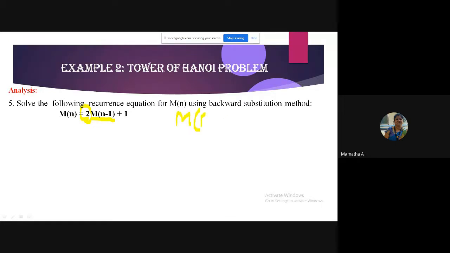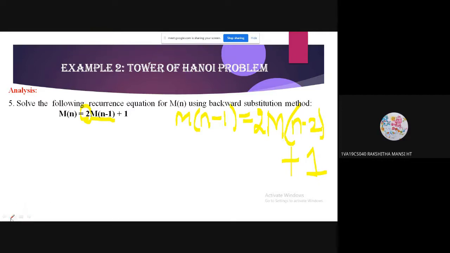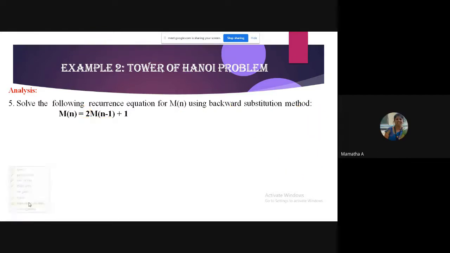M of n minus 1 equals 2 times m of n minus 2 plus 1. You should be very careful with the equation. Do you all agree with that? Yes, ma'am. Okay.